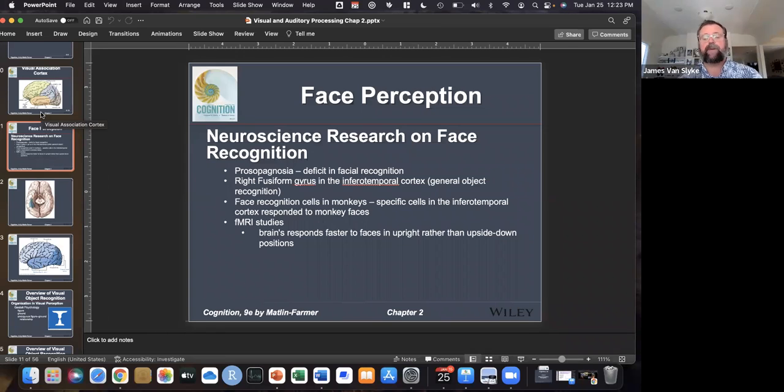Prosopagnosia is the inability to recognize someone based on their face. You cannot use their face to know who they are. You use some other kinds of cues or some other way to identify who that person is.